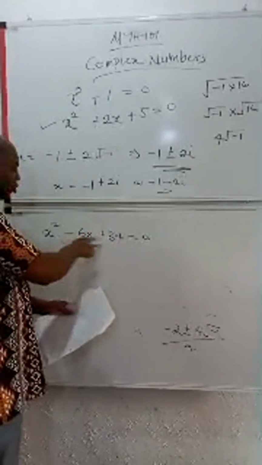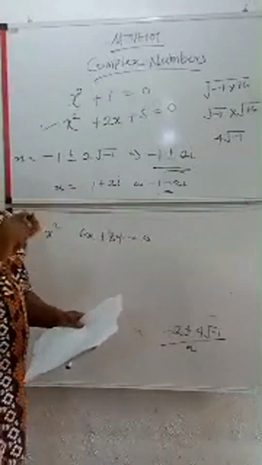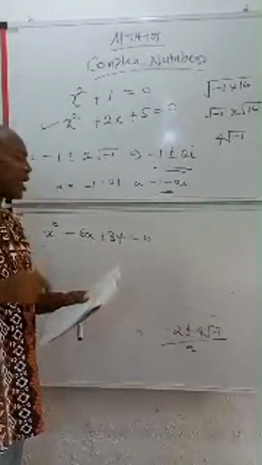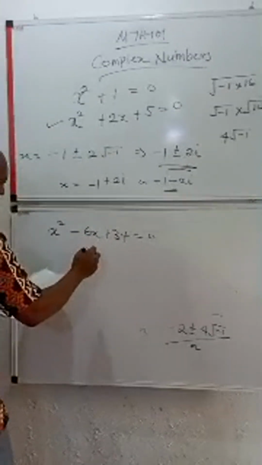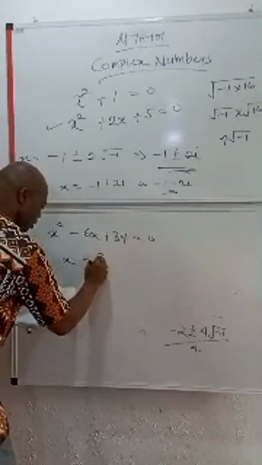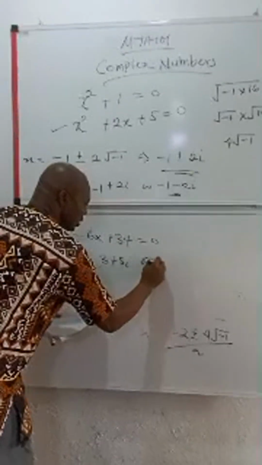The solution to this equation is also not contained in the real number system, therefore we must also consider the extended system. If you solve it, you are going to have x equal to 3 plus 5i, or 3 minus 5i. These are the solutions of this given problem.